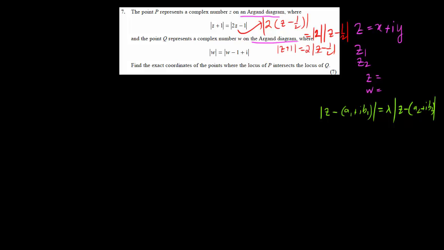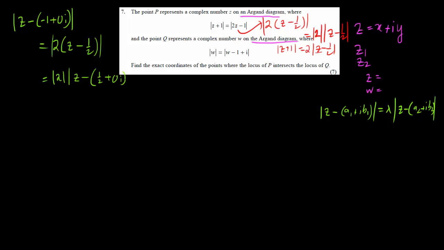So the first transformation is going to be, z plus 1, that means z minus (minus 1) plus 0i, that is the complex number, equals, if we take this 2 outside, z minus half. When modulus is multiplied, it's the same as modulus of 2 multiplied by modulus of z minus half plus 0i.